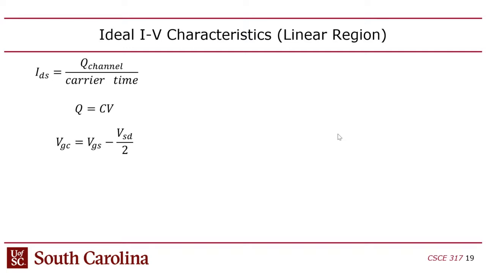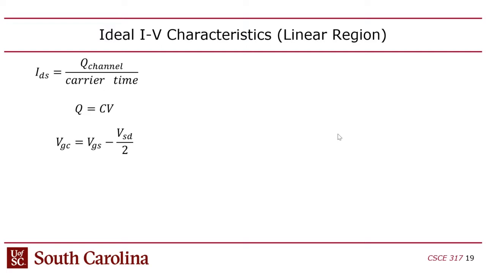The gate voltage is the average voltage along the gate between the source and drain. So you can calculate it as the average: the gate-source minus the gate-drain, divided by 2. But you could rewrite that as simply the gate-source minus the source-drain divided by 2.